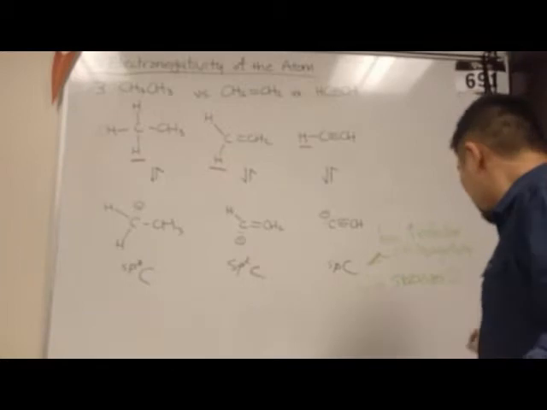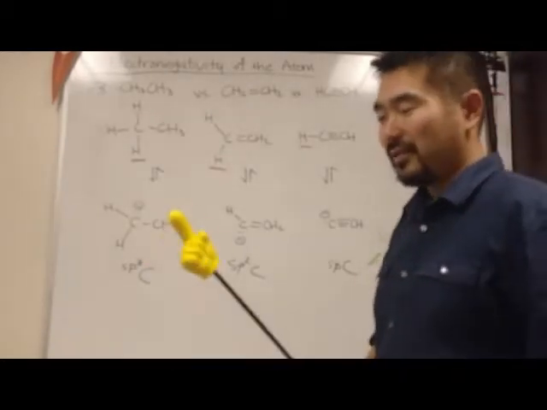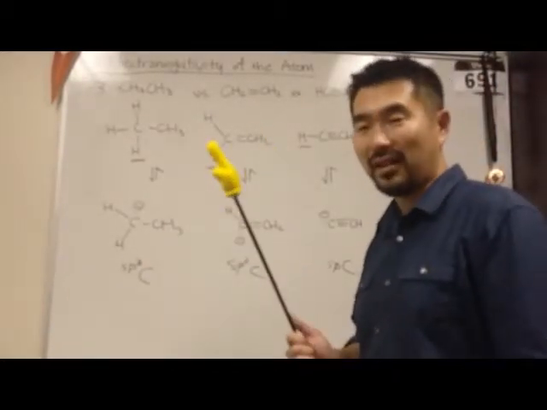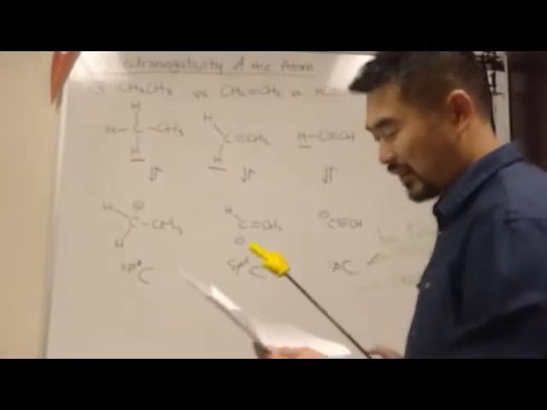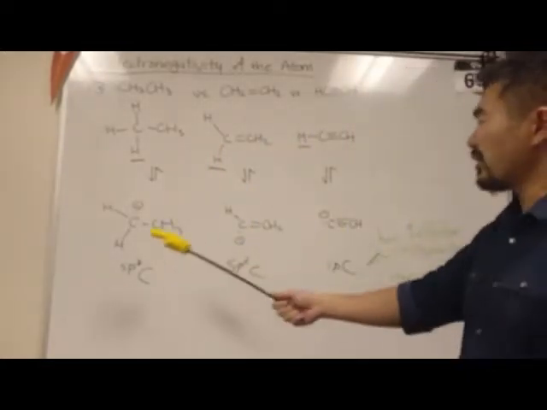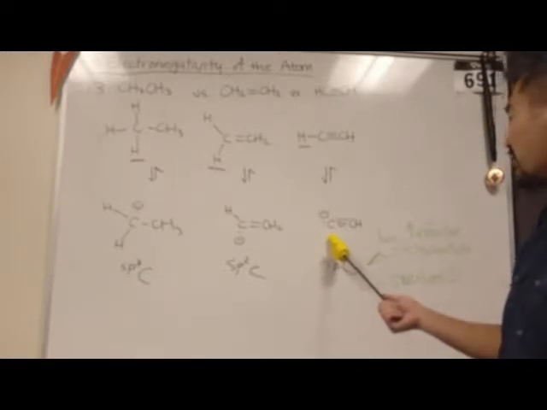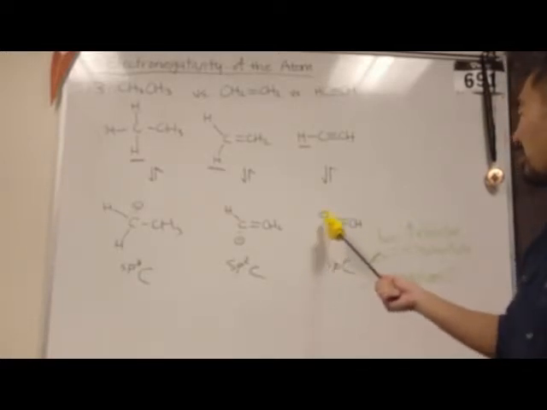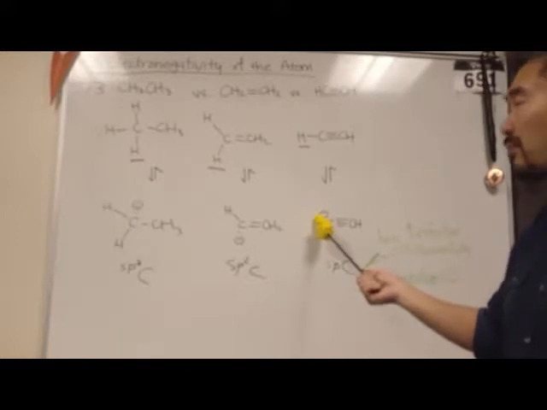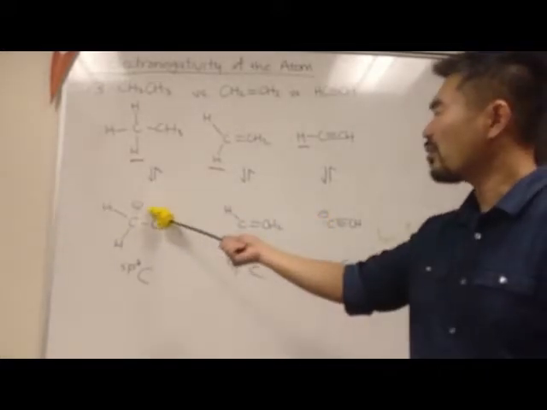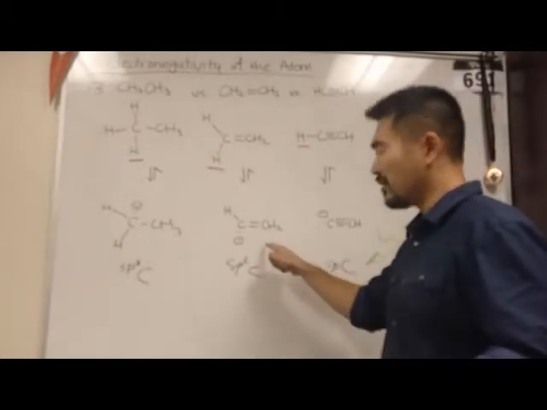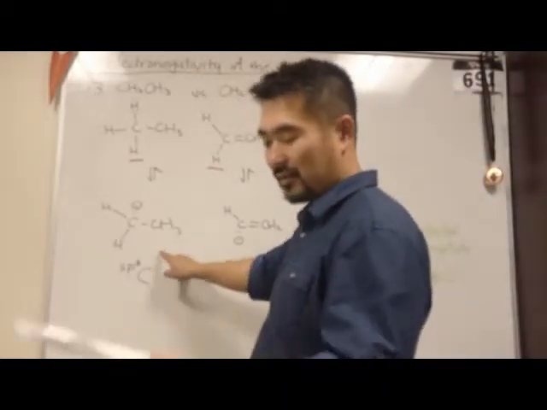Can you see that okay? Yep. You know what, I just realized I haven't been using my most amazing teaching tool, the finger. So between the three, this is the most stable conjugate base because sp carbon is able to stabilize a negative charge more so than sp2 or sp3, and in fact it goes in that order: most stable, less stable, least stable.